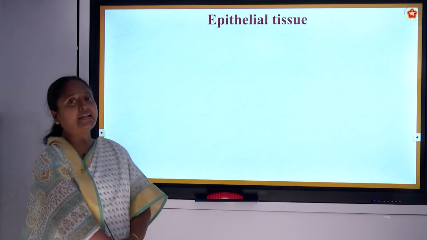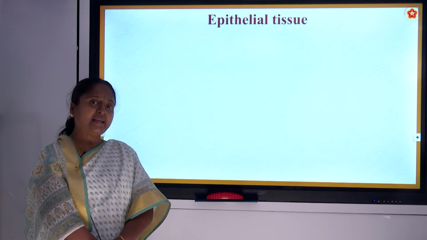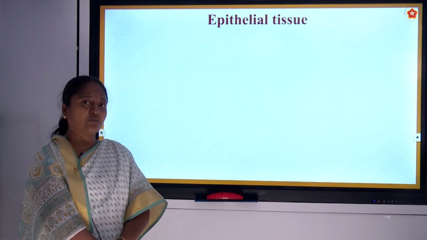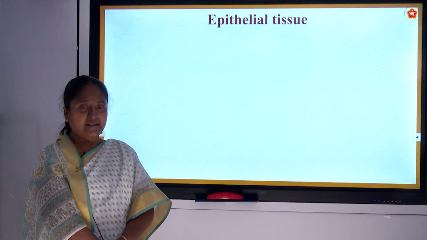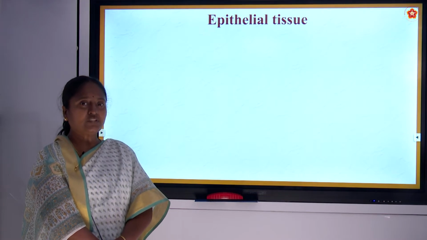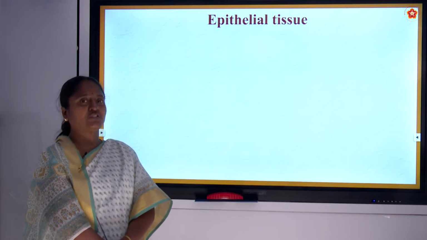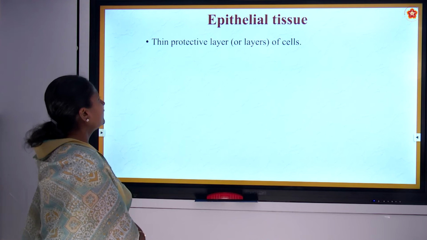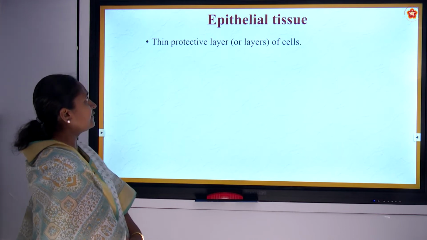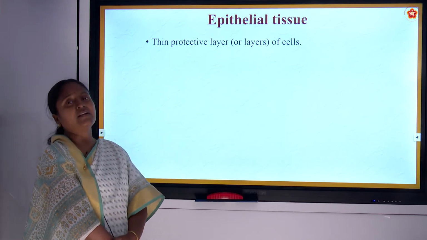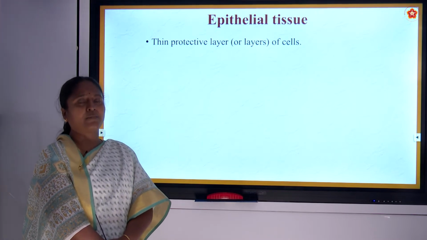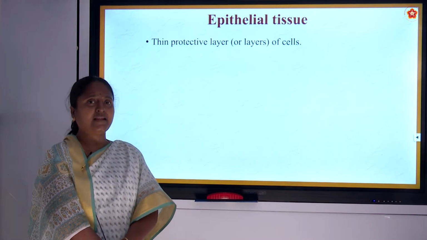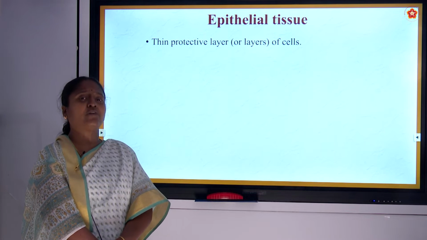First, we will see the details about epithelial tissue. Epi means outer, thelium means it's like a covering. So we can see this epithelial tissue present in the covering. The main function is protection. It has to protect our body from various things, right? Inside our body and also outside our body.